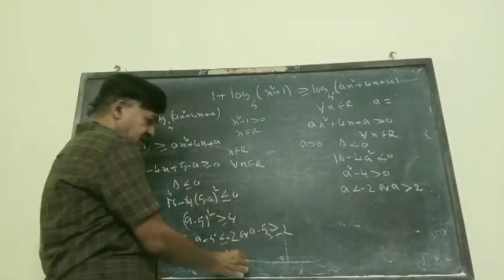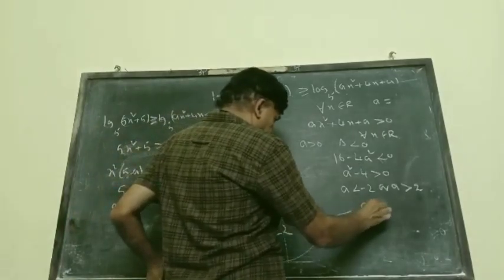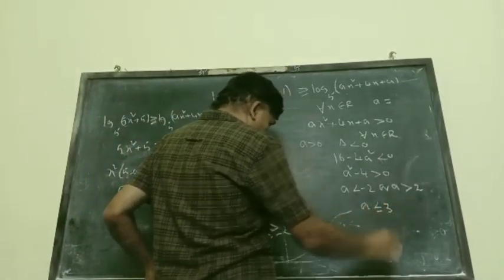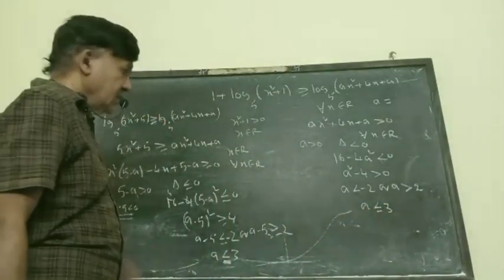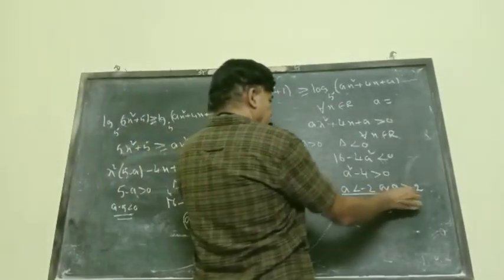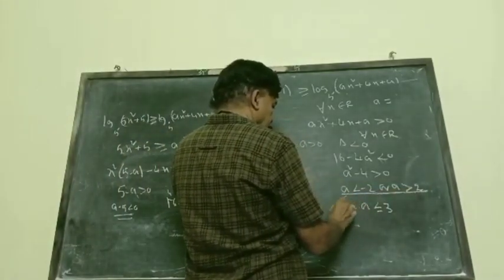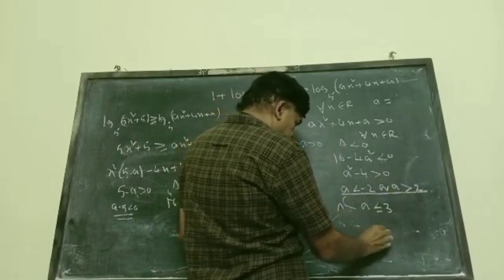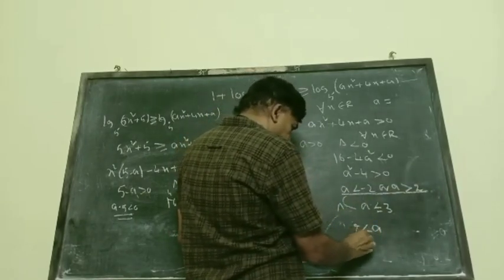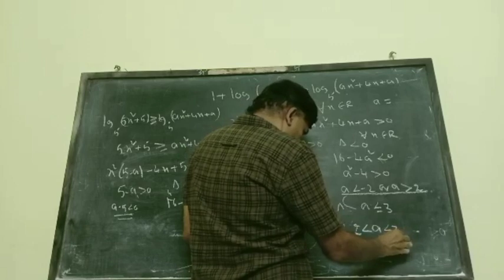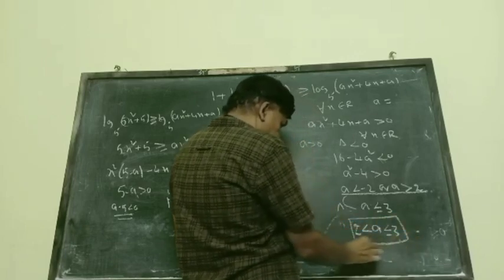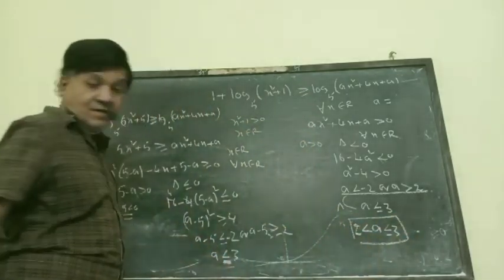So from this you got a less than or equal to 3. What is the intersection of this and this? The intersection of these two is a values from 2 to 3. So this is your final answer.